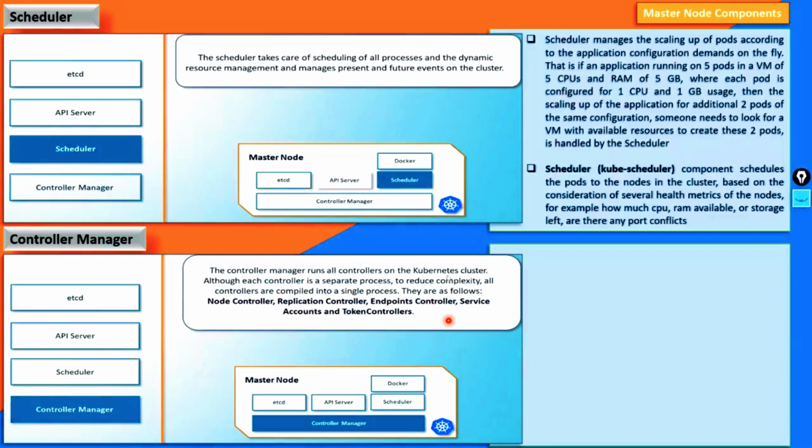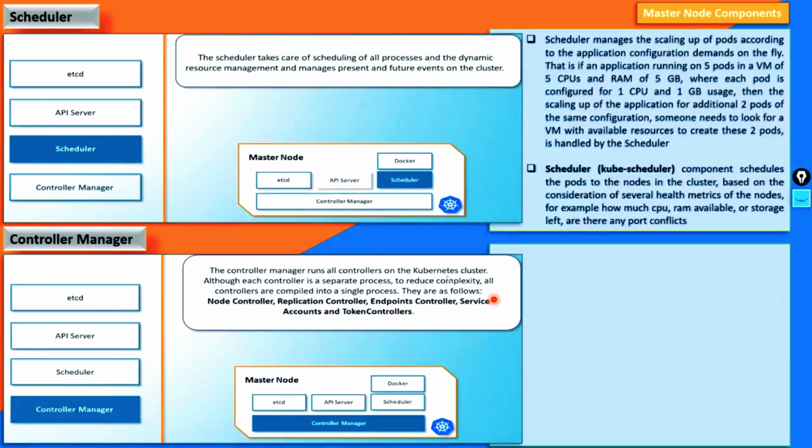Endpoint controller means something that you are pointing to the end of the service. For a specialized job, taking your request to the particular service and the particular node pod is done with the help of the endpoint controller. So there are particular functions designed for that.